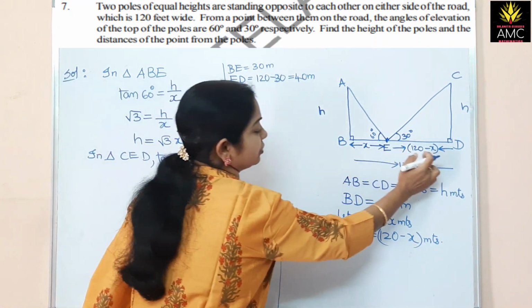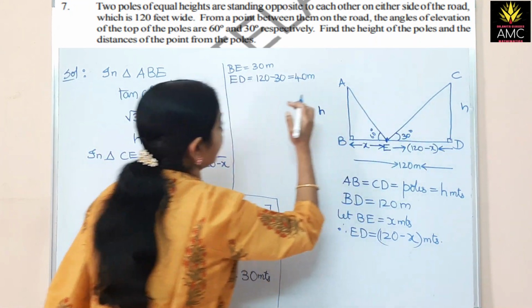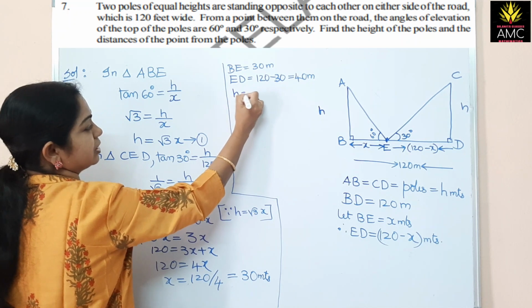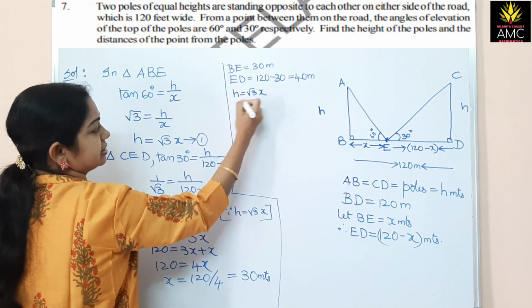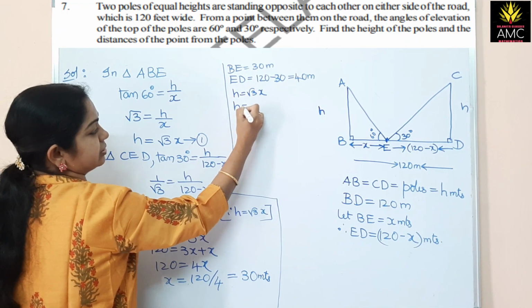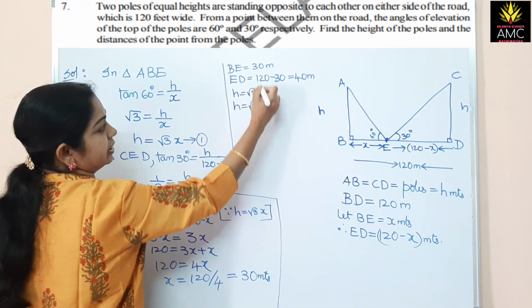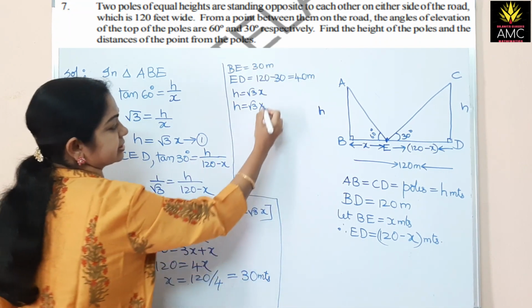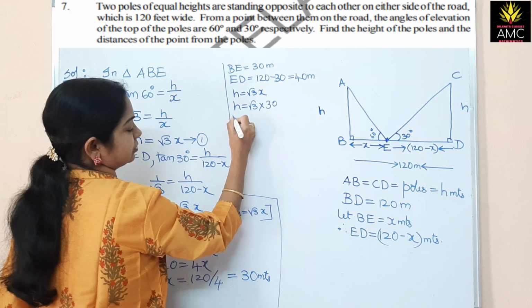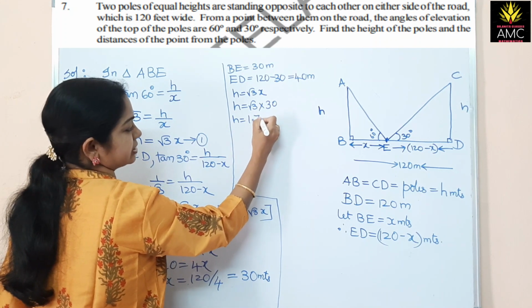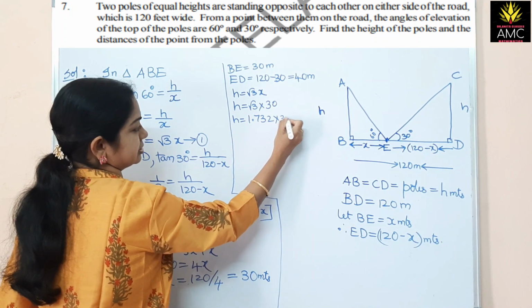Now, also we found out these two, we have to find H. Now, H value is equal to root 3x, isn't it? Therefore, H is equal to root 3 into X, which is again 30 meters. So, H value is equal to 1.732 into 30.